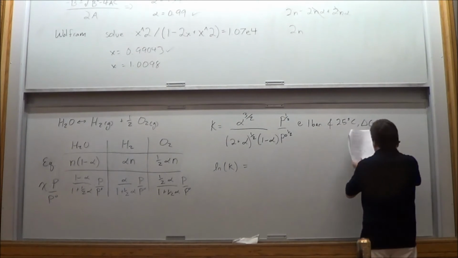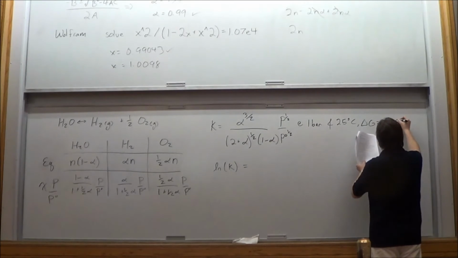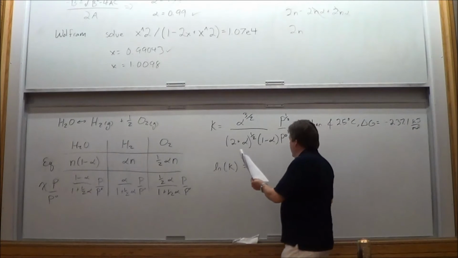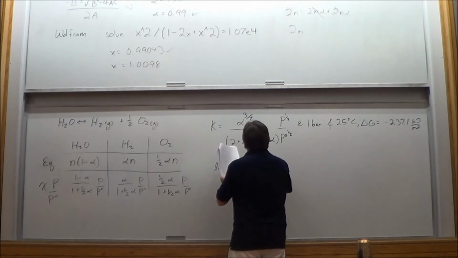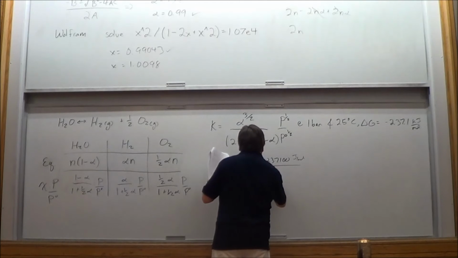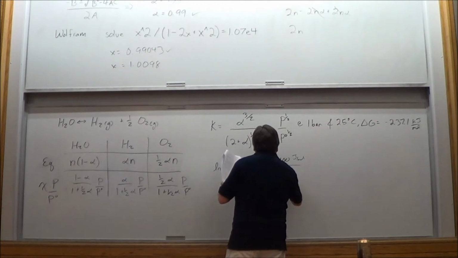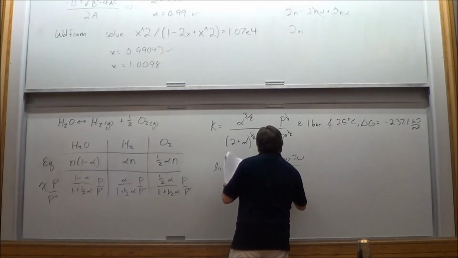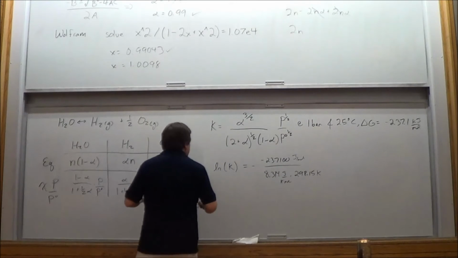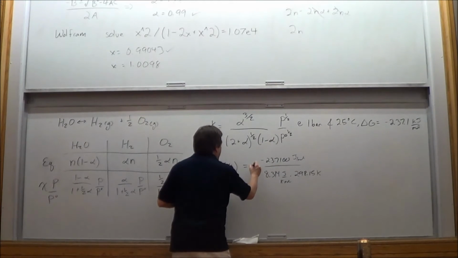Yeah, 237.1 kilojoules. So ln K is minus 237,100 over 8.314 times 298.15. Okay. Minus is plus.